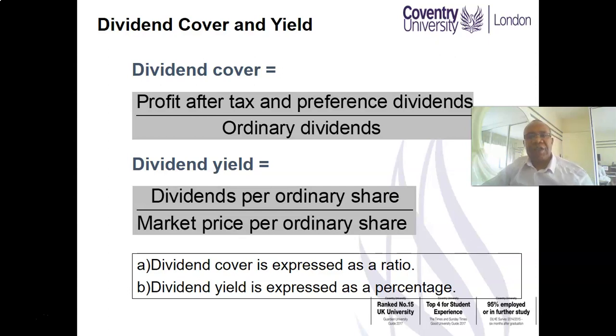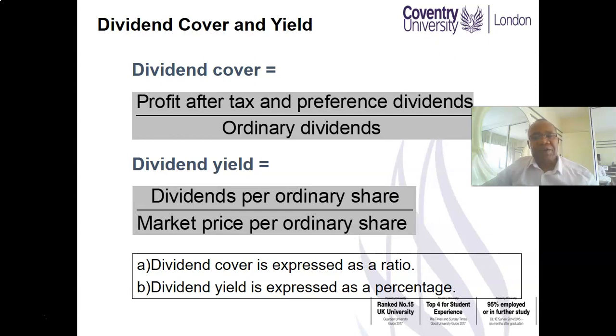Dividend cover and yield. The dividend cover basically shows how much profit is available to pay dividends. So it is the profit after tax, including after preference dividends. In other words, the profits available to ordinary shareholders divided by the ordinary dividends paid.